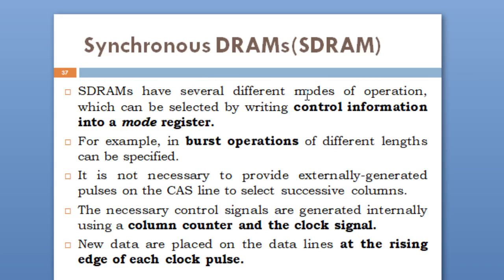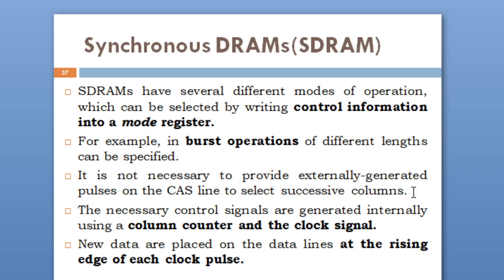SDRAMs have several different modes of operation which can be selected by writing control information into a mode register. For example, burst operations of different lengths can be specified. It is not necessary to provide externally generated pulses on the column address strobe line to select successive columns, because it is a synchronous DRAM.